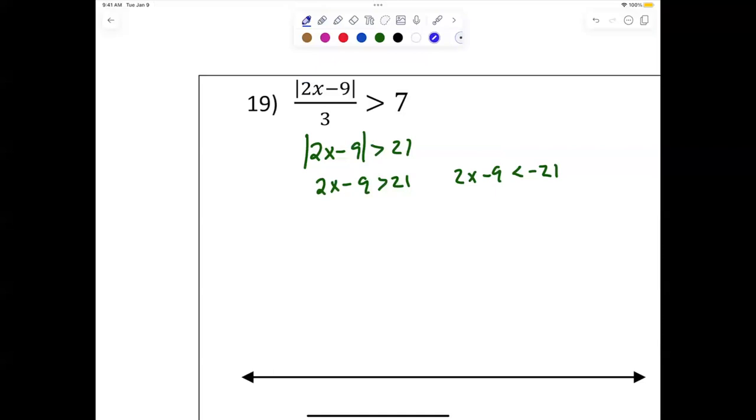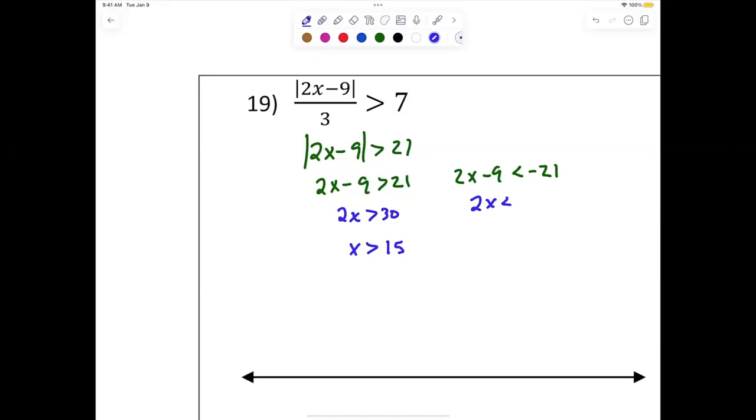Next process, go ahead and add 9. 2x is greater than 30. So x is greater than 15. Thank you.